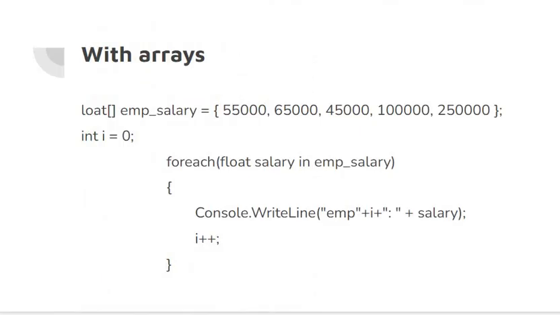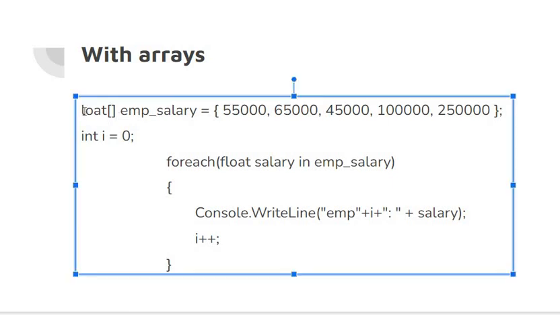So when we have an array, we still have to declare and input the values of the employee salary somewhere. And this is supposed to be float. Sorry about that, guys. Not loat, but float.